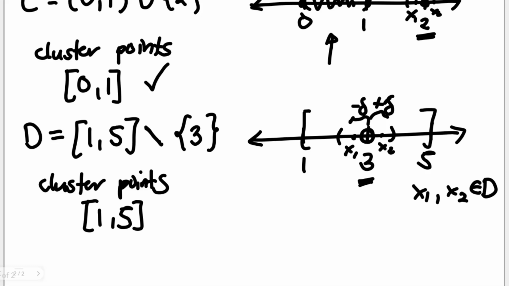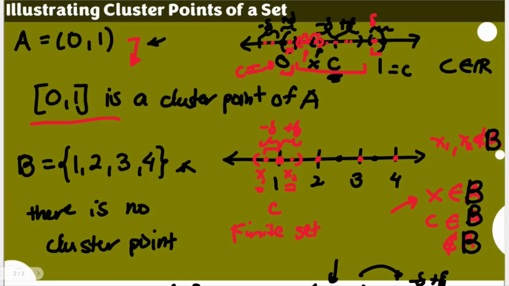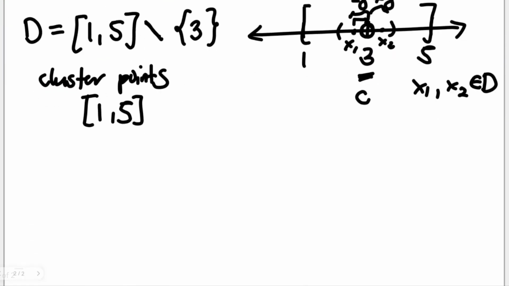So they are elements of set D, and it follows that the distance from that to our c, which is 3, fits the criteria that it's actually less than, by definition, less than this one. x minus c must be less than delta. This fits the criteria as well as this. So should we include c as a cluster point even if it's open?